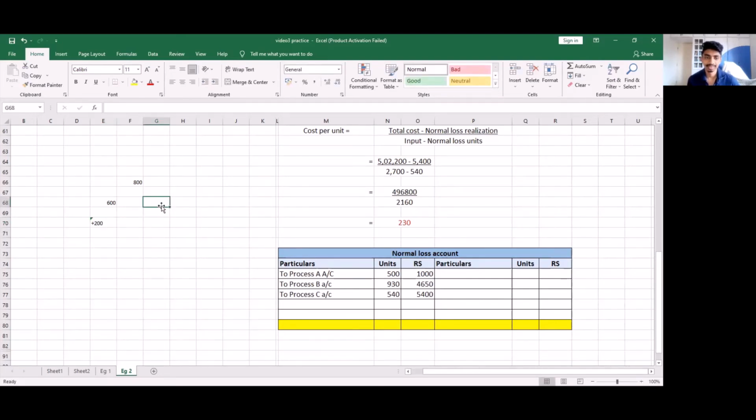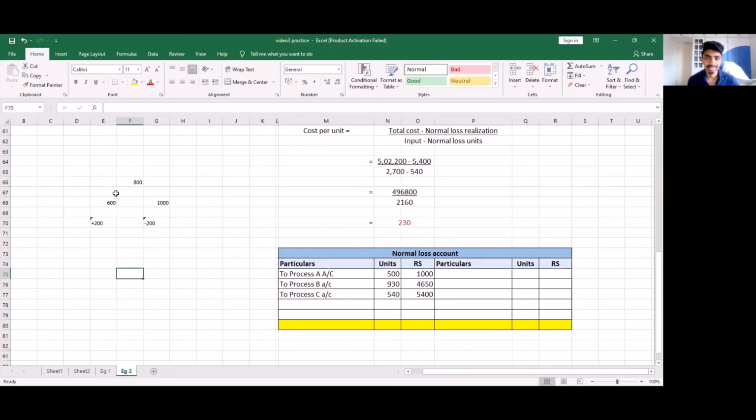Now let's say the actual loss was 1,000 units. So in this case, our loss is more than what we expected. So this difference will become our abnormal loss. So this will be an abnormal loss of 200. Now, what we need to know in this is when we go to realize our scrap, in case of abnormal gain, we do not have these 800 units. We have only 600 units.